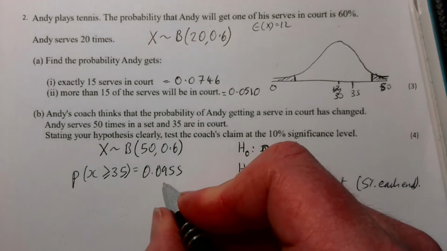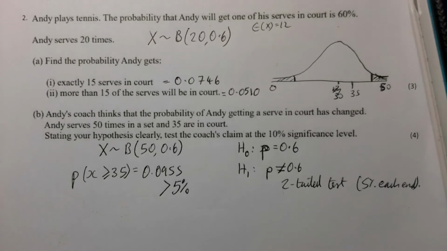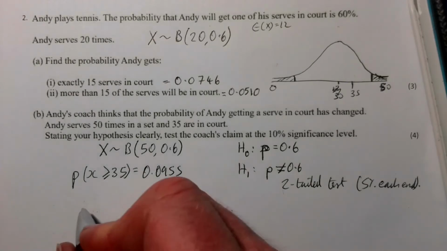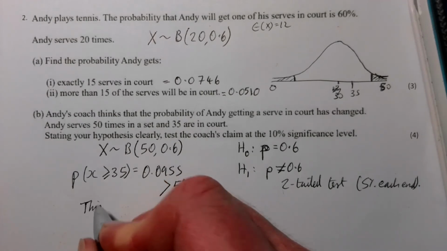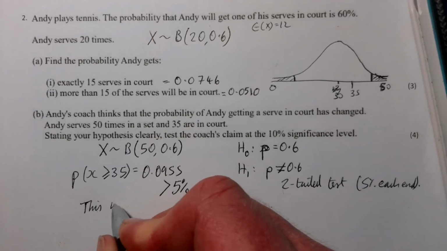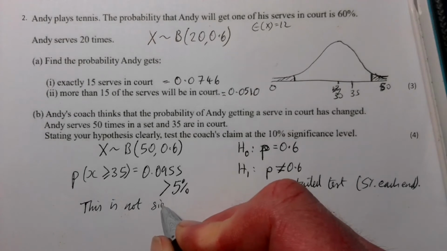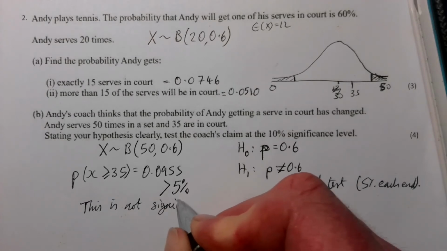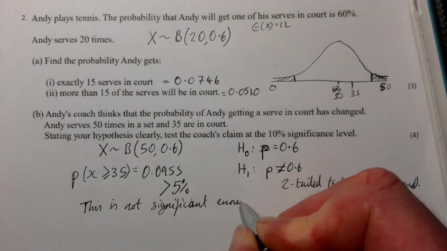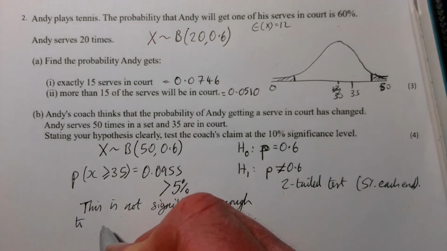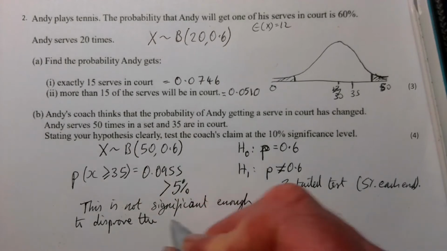Well, that is bigger than 5%. So because it's bigger than 5%, we can say this is not significant enough to disprove the null hypothesis.